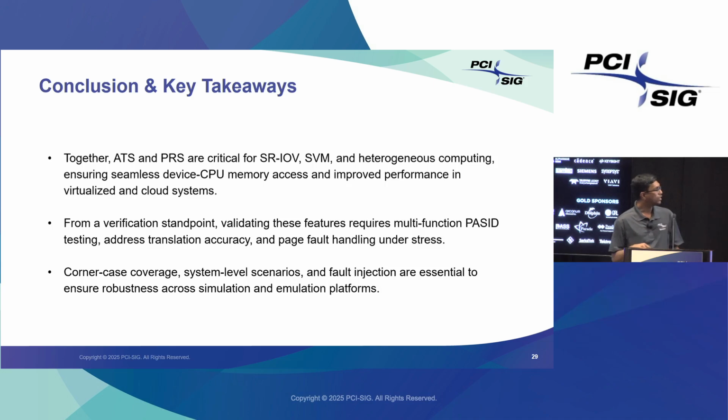From a verification standpoint, it is complex to verify because we are not verifying only one capability; we have dependencies between one capability and another. So we need to verify with a lot of multiple PASIDs, because only then will we understand that so many caches will be there in the devices, and so much overhead traffic is added during that time. So this helps verify all the corner cases and system level scenarios.